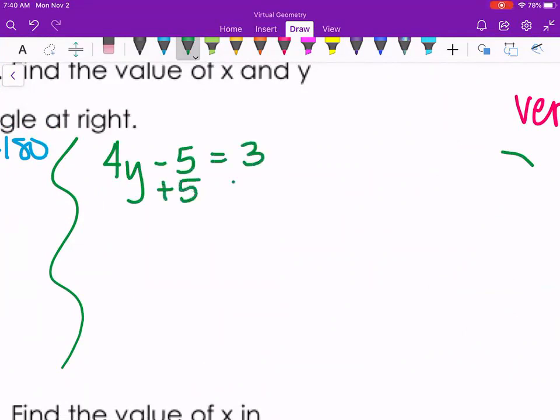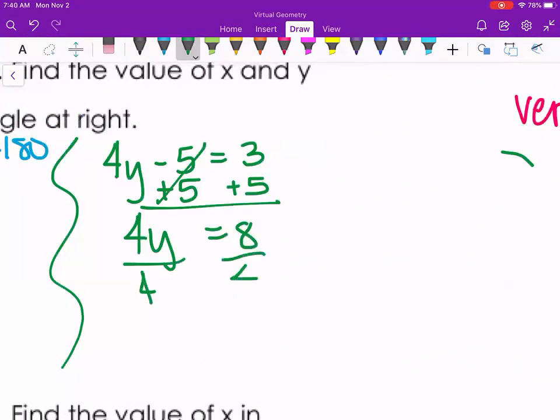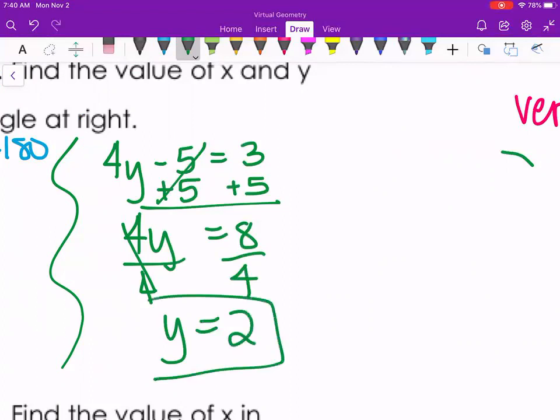So add the 5 back. So 4y is equal to 8. Divide out your 4. And y is 2. And so there's our final answer. So again, we had to figure out the equiangular first, and then I could use that to set the sides of the triangle equal to each other.